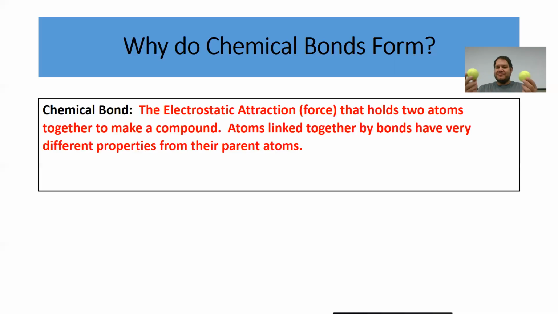All right. So what I'm saying is that with these new bonds that are formed to create these compounds, we create vastly different properties than the individual properties of the elements that make up that bond or compound. Okay, so hopefully that makes sense. That's really important to understand, right?